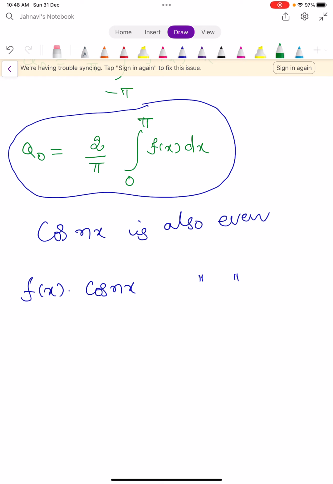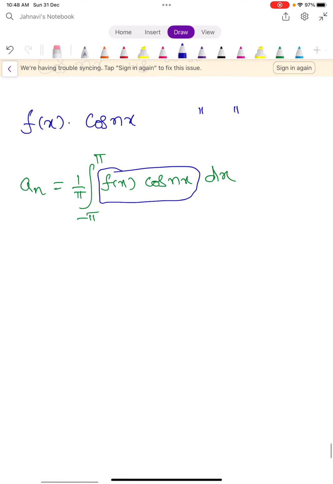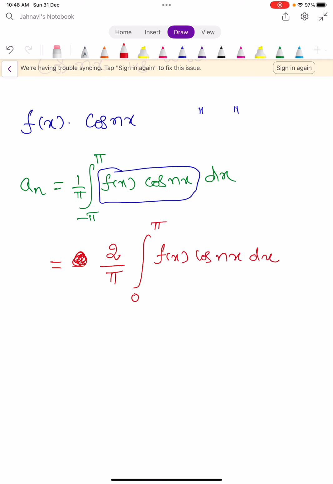In this case, first I write the general case and then the even case: an is 1 by pi integral minus pi to pi f of x cos nx dx. Here the integrand f of x into cos nx is an even function, so this an takes the form 2 by pi integral 0 to pi f of x cos nx dx.